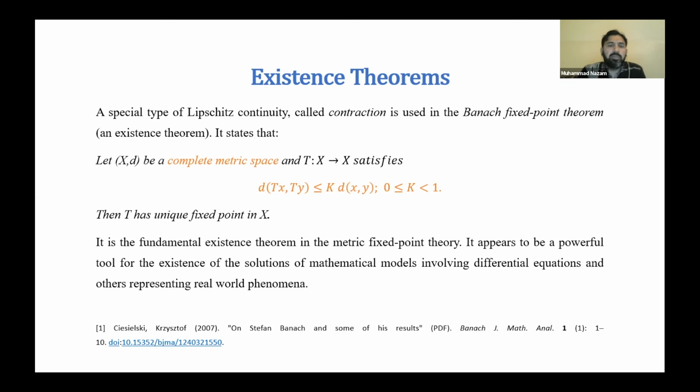Now you see that the main players in the Banach fixed point theory are the metric space and this contraction. Mathematicians working in fixed point theory work on metric spaces; they try to generalize and improve them, and they try to investigate new spaces. Similarly, they work on such types of inequalities.